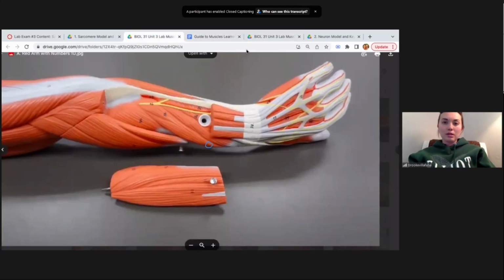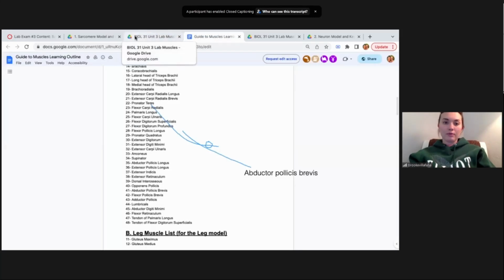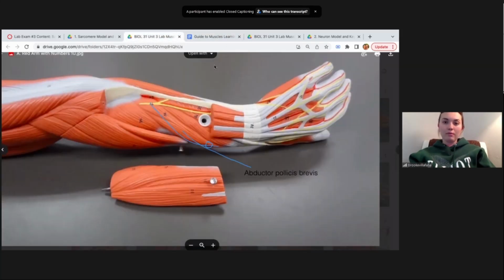So this number right here is the abductor pollicis brevis. Okay, abductor pollicis brevis for 30, longus for 35.